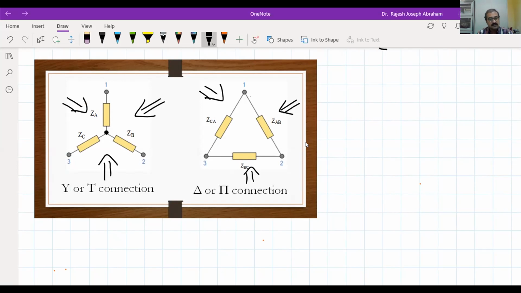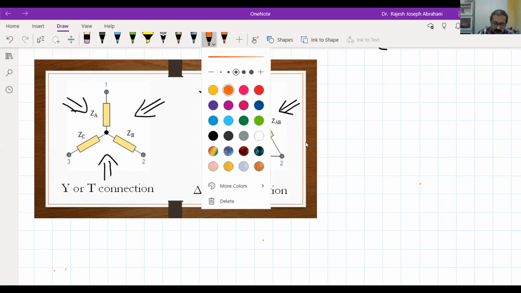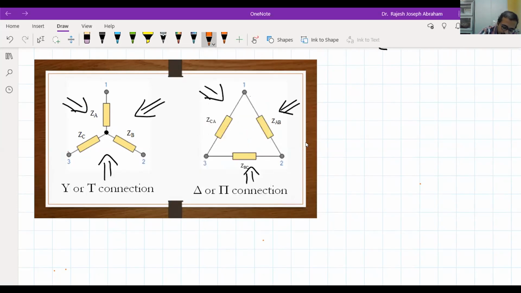Or in other words, it means that I can find the equivalent impedance here between points 1 and 3. So this will correspond to my ZCA.